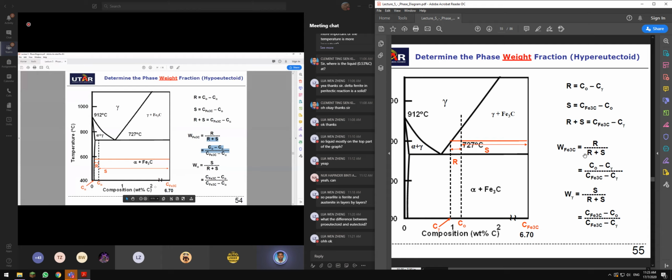And for the alpha over here, the same thing: you use S, the composition of cementite minus the composition of your original material, divided by the composition of cementite minus C alpha. Same goes for hypereutectoid. You can do this, right?